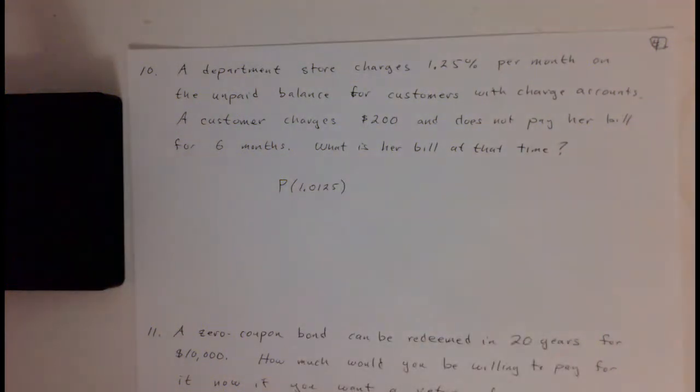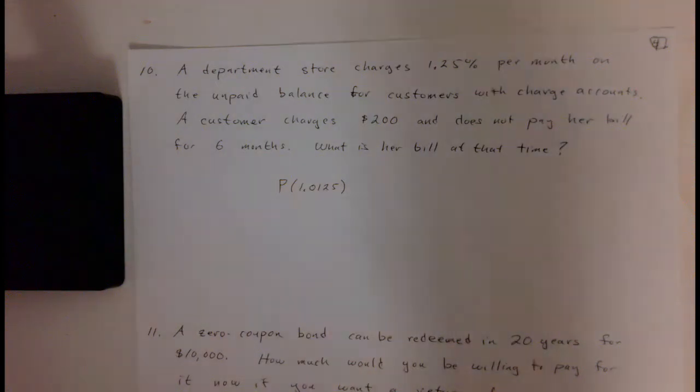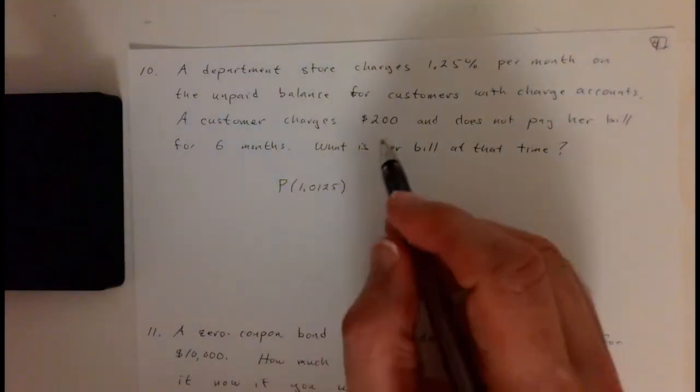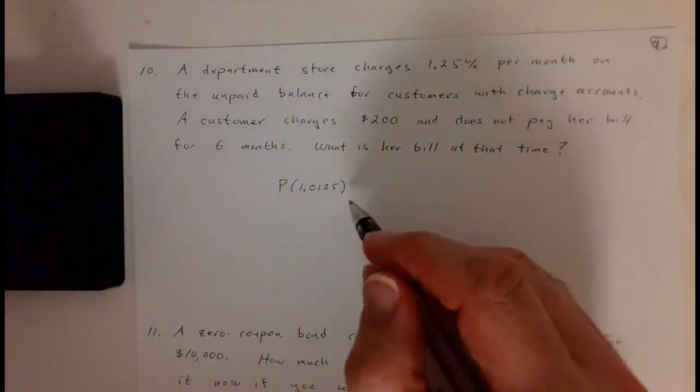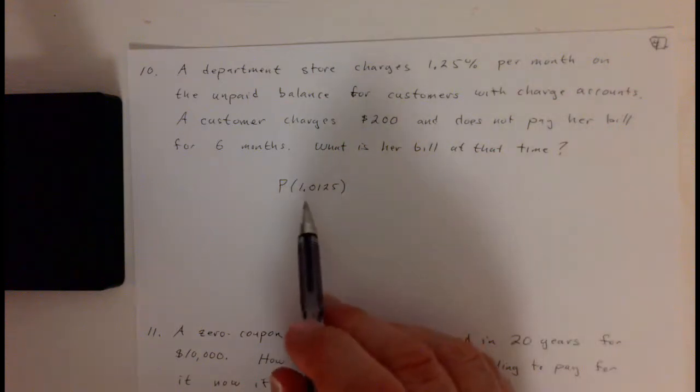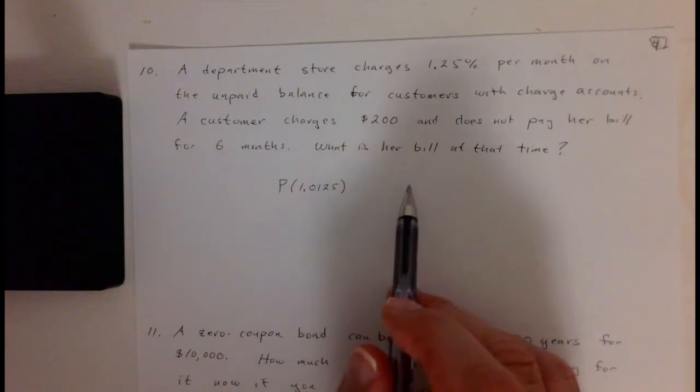Okay, that would be after 1 month, right? And P in this case would be 200. But after 2 months, we take this number and again multiply by 1.0125, and so on.